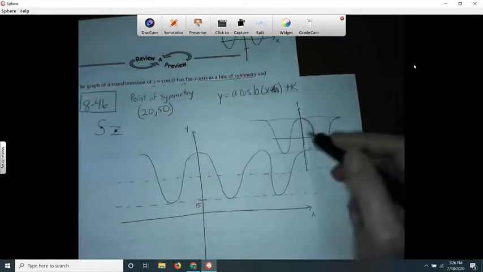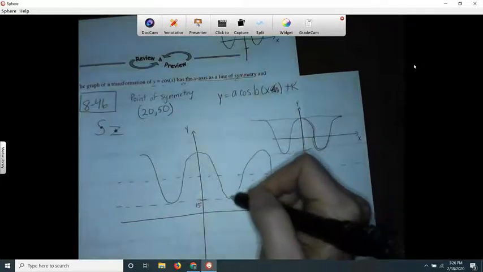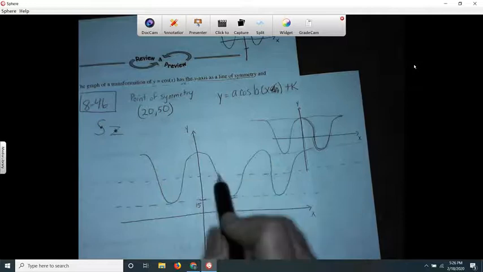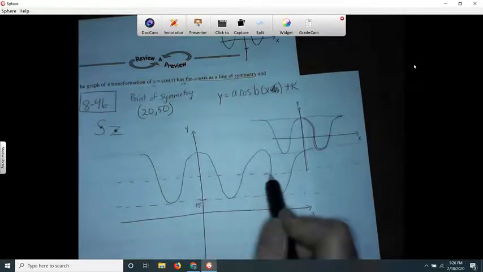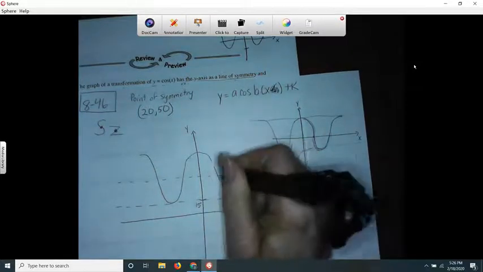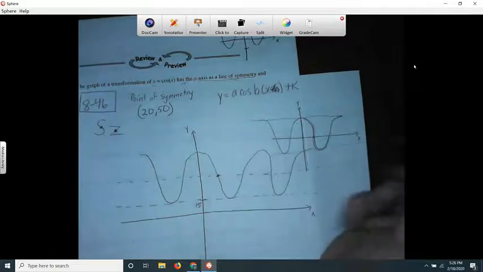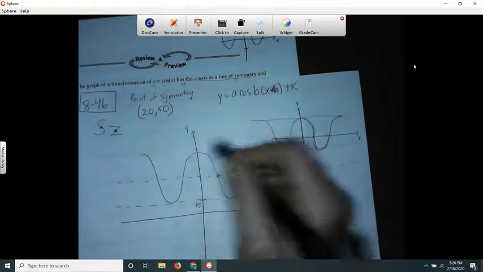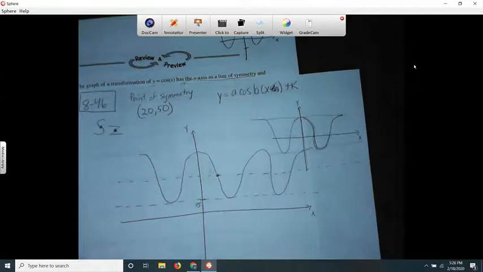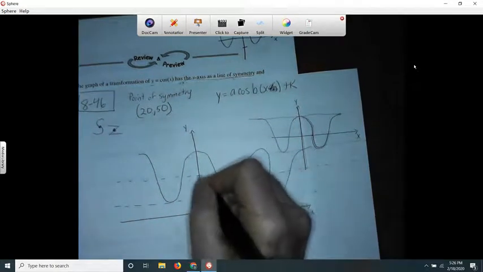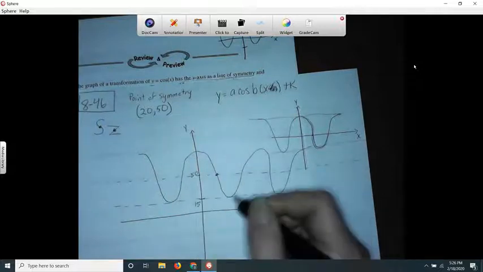And I know that I have point symmetry at (20, 50), which is going to have to be like one of these, like that one, that one, that one. So I'm going to put my (20, 50) right here. It's really the only place it can be. So that means that this is 50, and that means that this is 20.